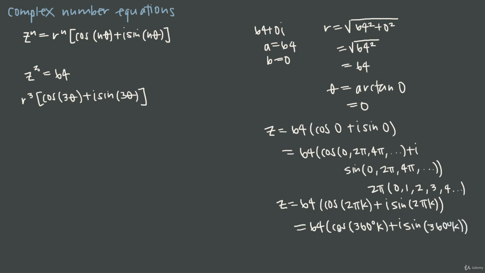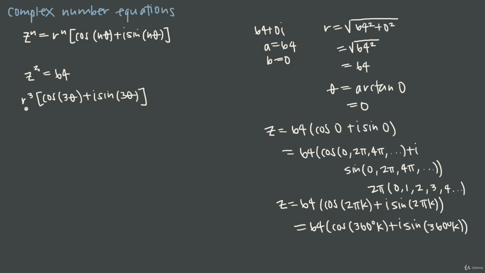This value here that we found is the same as the complex number 64, or 64 plus 0i. We just rewrote it in polar form and gave a general expression that includes all these coterminal angles. So really, since this value is equal to 64, we could replace the right-hand side of this equation, 64, with this value that we just found.